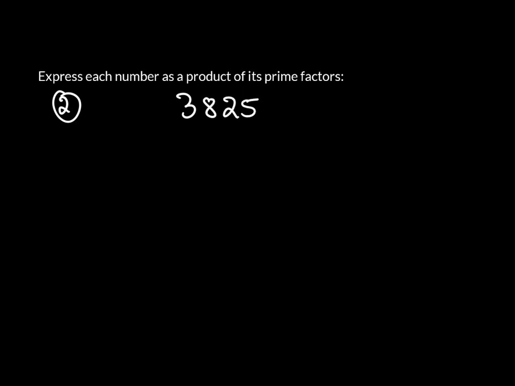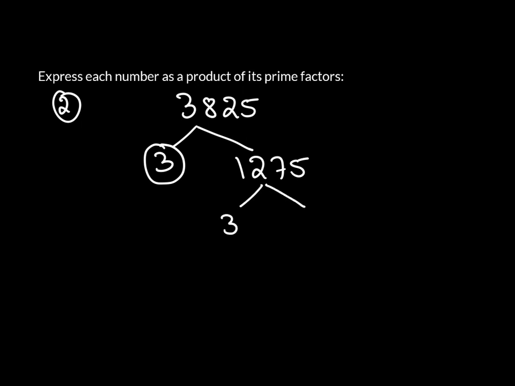3,825. Let's do the prime factorization of this. 3,825 is 3 times 1,275, and 3 is a prime number. Now 1,275 can be further written as 3 times 425, and 3 is a prime number again.